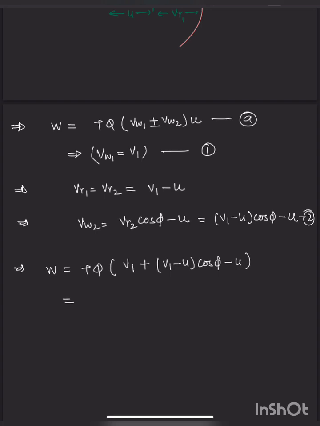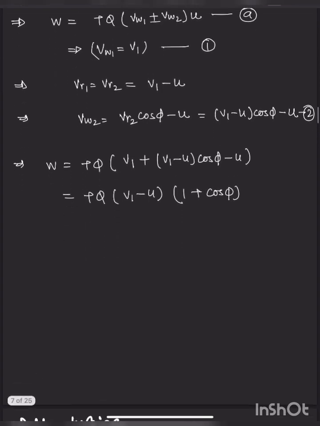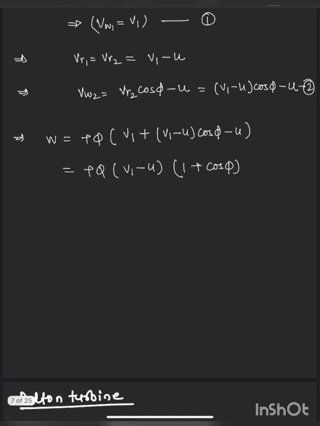So V1 plus V1 minus U cos phi minus U. Now rearranging the terms of W, we get rho Q V1 minus U into 1 plus cos phi. This is the power generated by the blade.